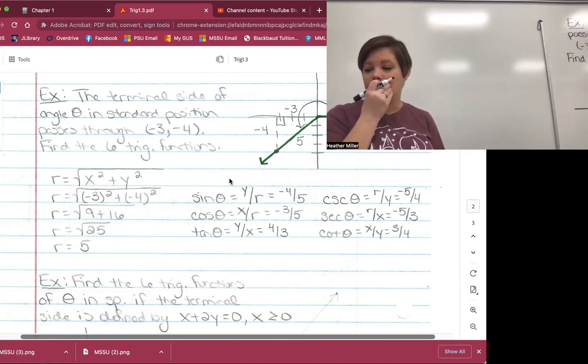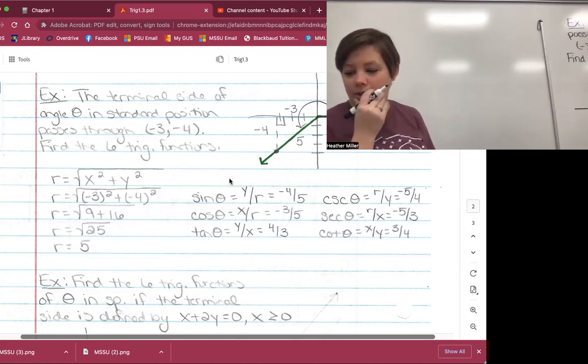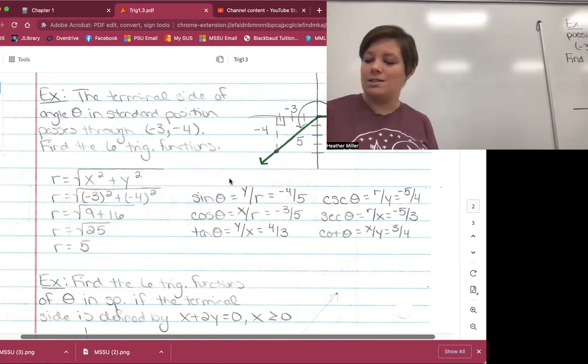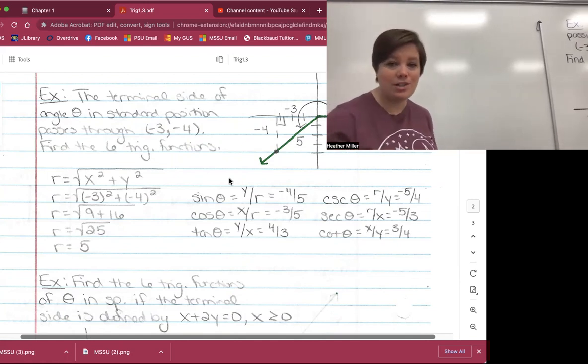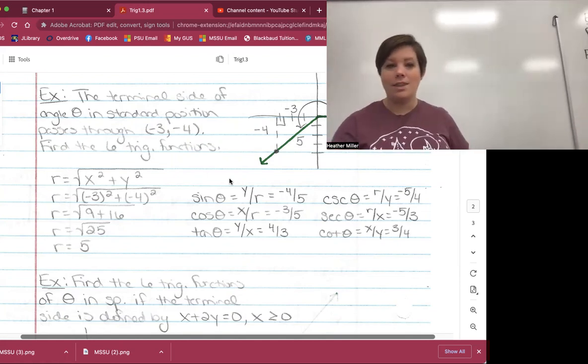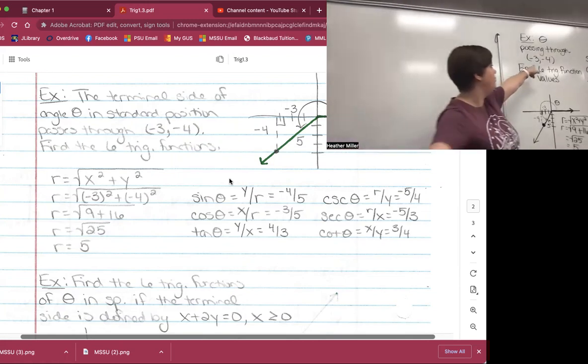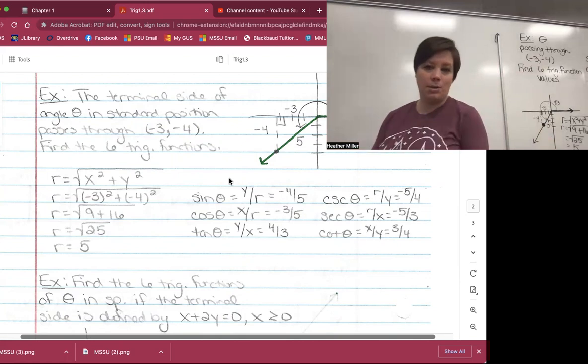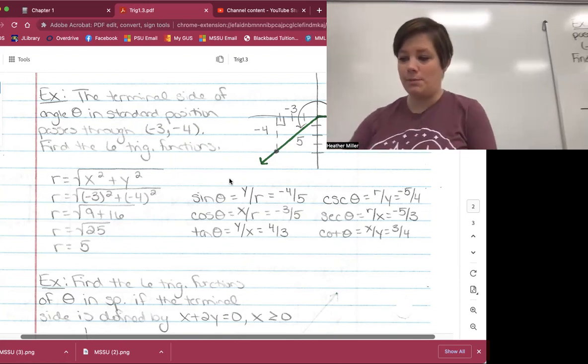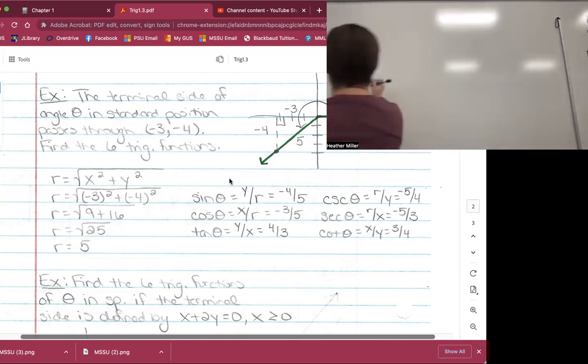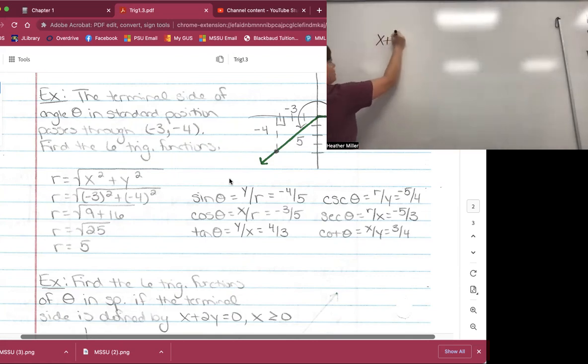And so we're like, okay, well, that's kind of weird. And it is, but it's not going to be hard because what we're going to do is find a point. In the last example over here, they told us a point, -3, -4. This time we're just going to compute out a point. Okay, they give us an equation, x plus 2y equals 0.